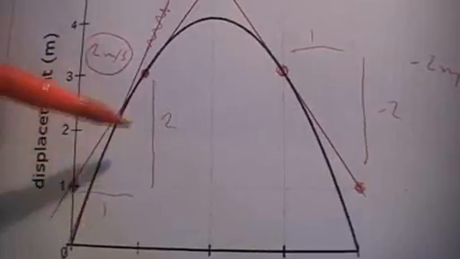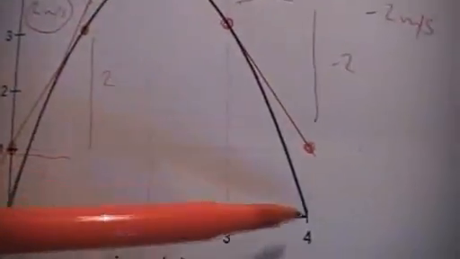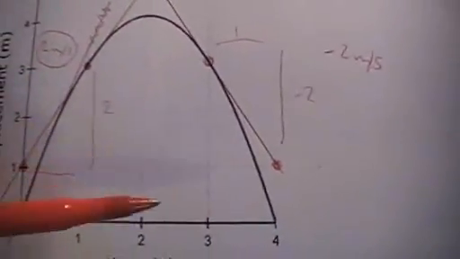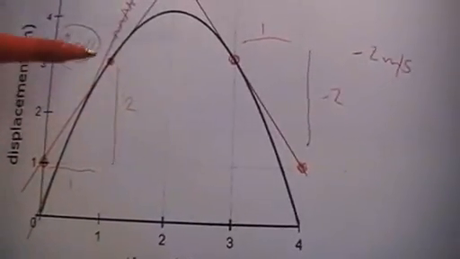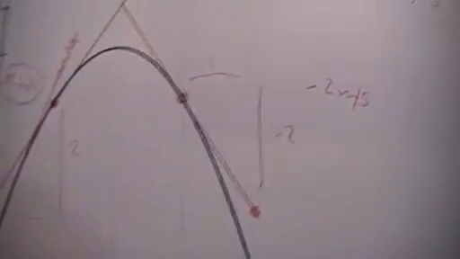We're going away from something and then we're going back towards it, and we end up exactly where we started. So this sort of curve would be perfect for someone throwing a ball in the air. The ball's going up, it's getting further and further away, slowing down, stopping, and then coming back down.